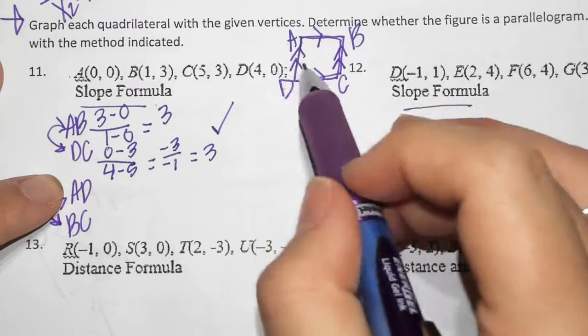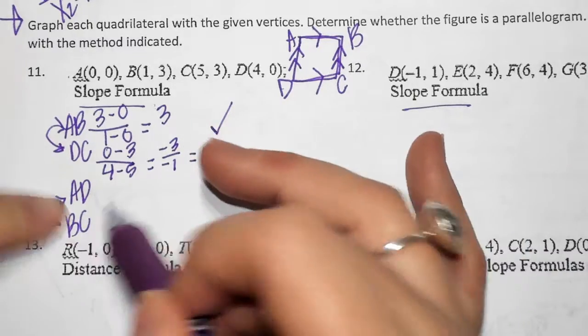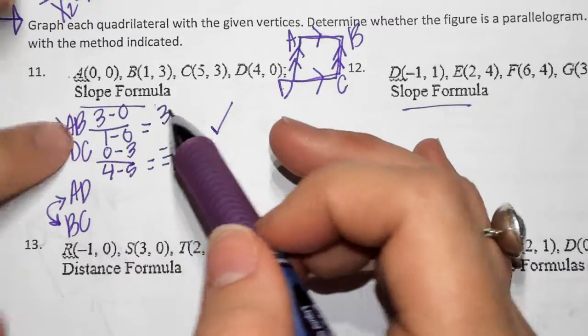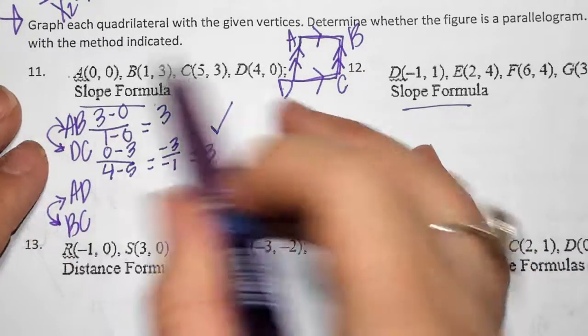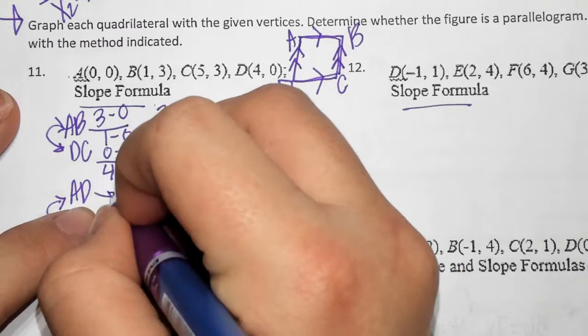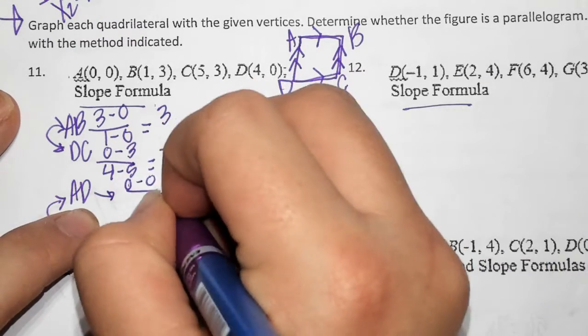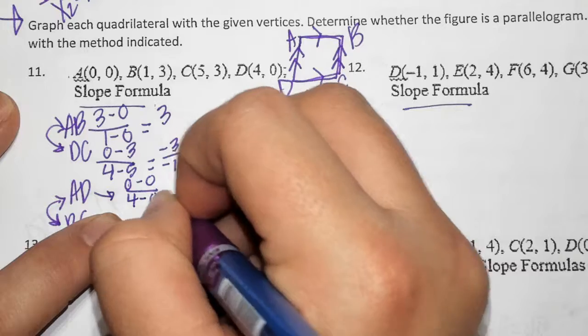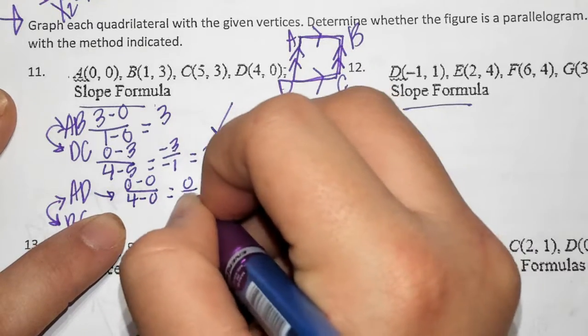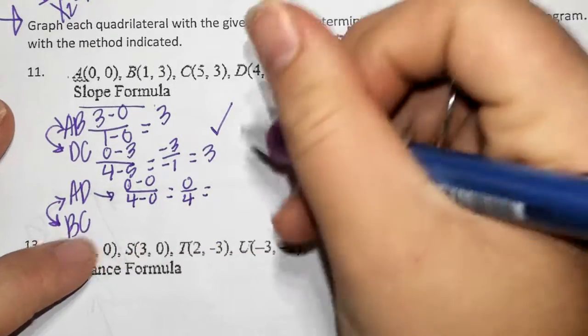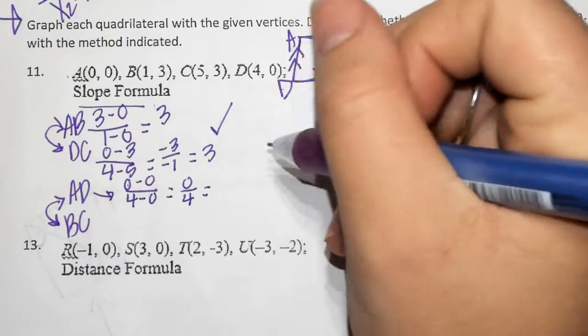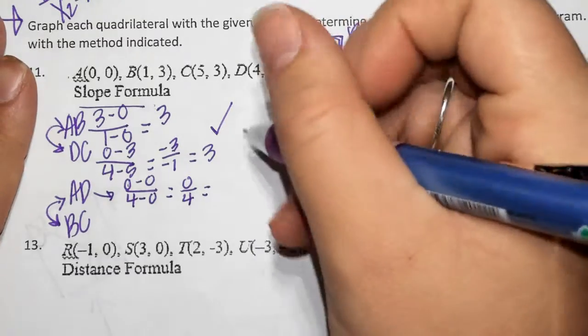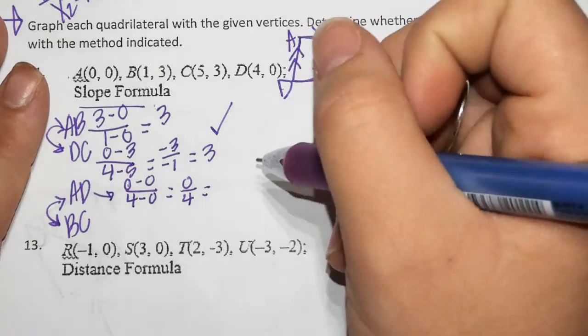Okay, now we have to do the other two. So these two don't have to be the same as these two. They just have to be the same as each other. So A and D. So AD, I get 0 minus 0 divided by 4 minus 0. Is this 0 or undefined? That's 0. Yeah, that's 0.